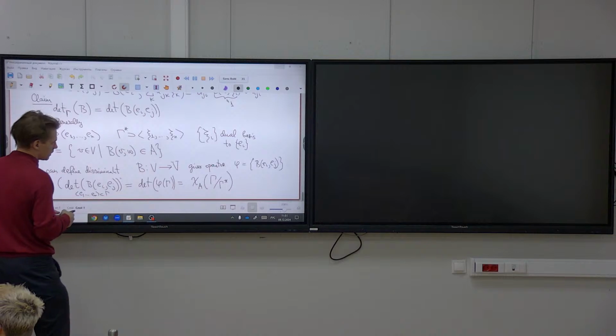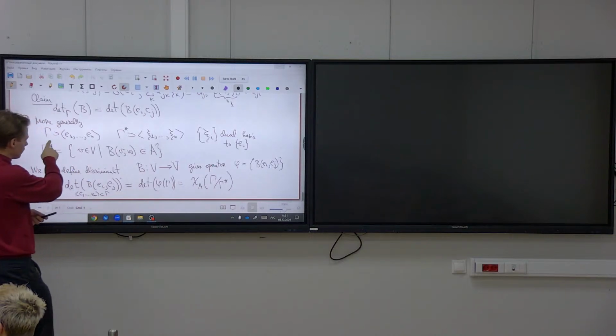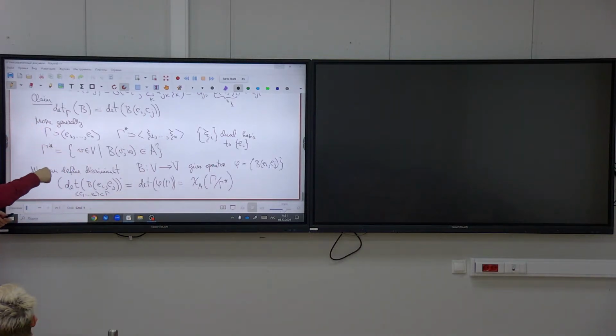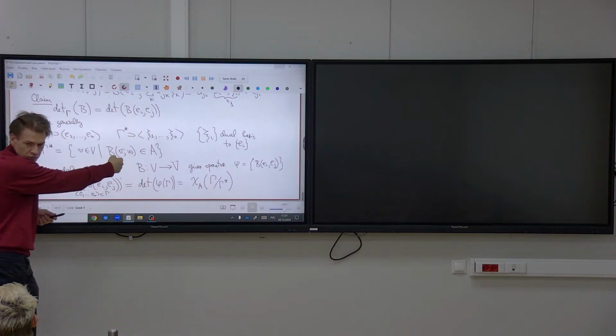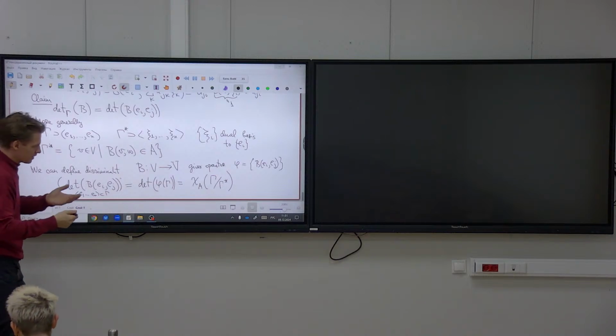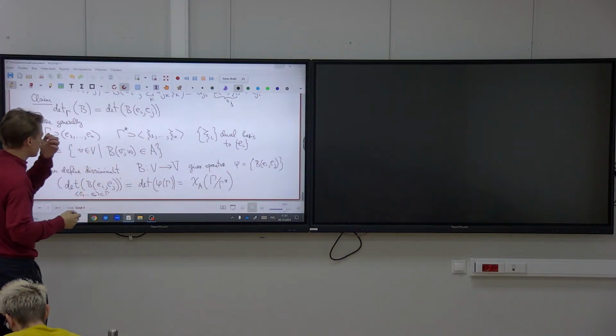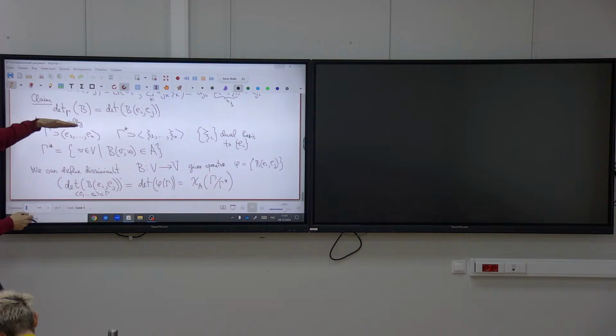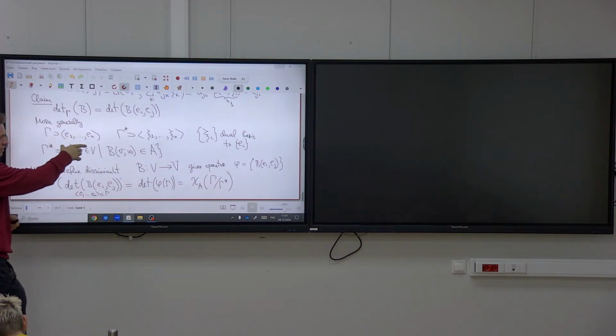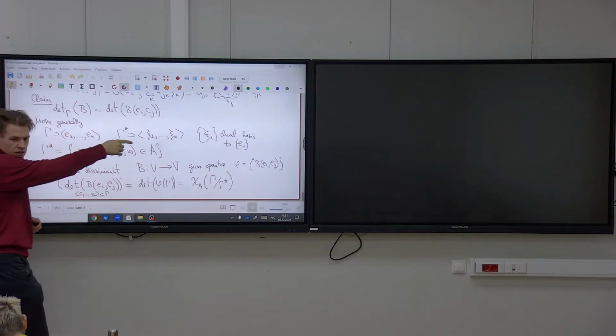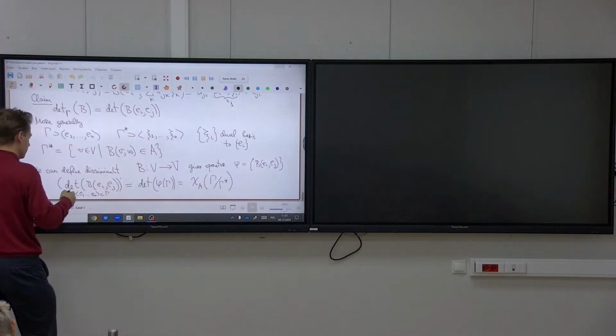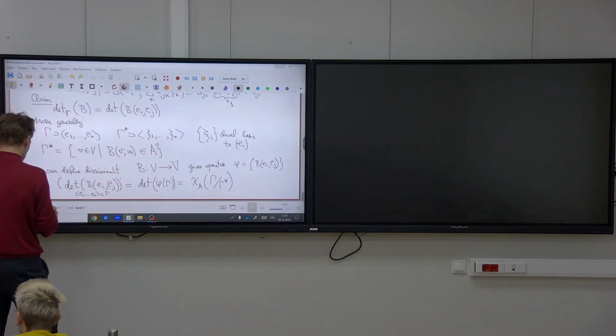I claim that any vector of gamma star can be obtained as the map of this form. We have discussed only the maps about the basis. We have taken the basis, and it allows us to take the dual basis.